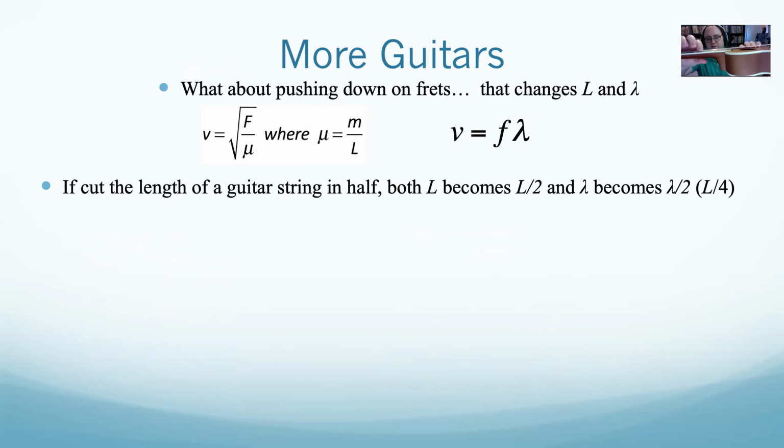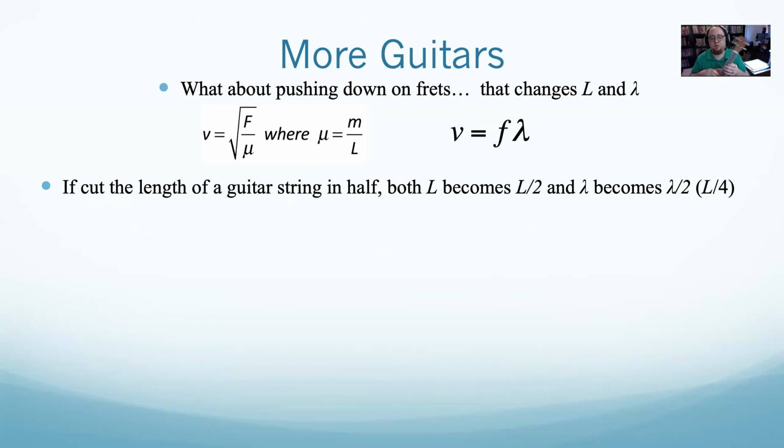As long as you don't have a fretless guitar, which is a whole other can of worms, when you push down like here, I'm making it so there's a spot where it's stuck. The string on this side will vibrate and the piece on the other side won't. The harmonics, when you lightly touch, can vibrate on both sides. But if you push down all the way, only this side vibrates.